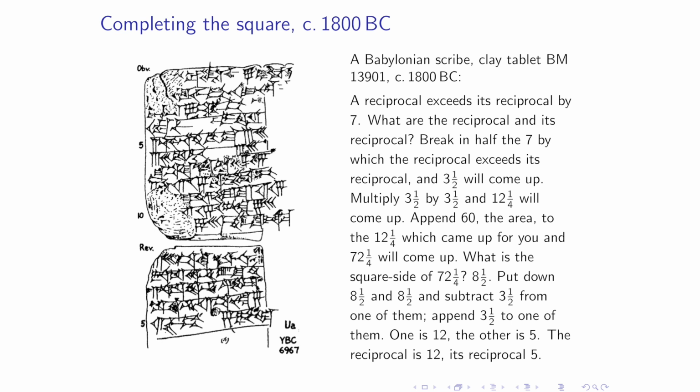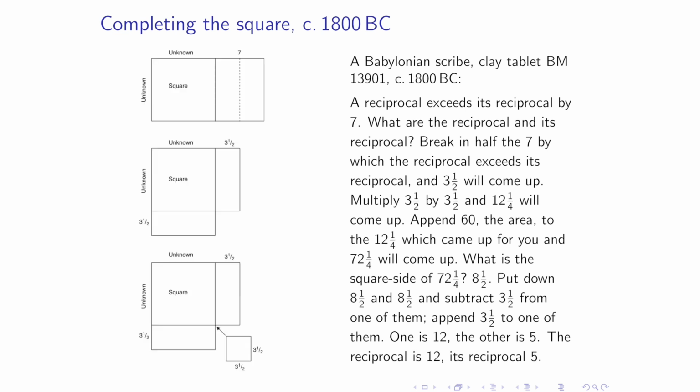And as for the cut and paste geometry of it, we can draw some pictures to see what's going on. If you see at the top left there, we've got the unknown, so the smaller reciprocal, and then unknown plus 7 along the top edge of the rectangle.